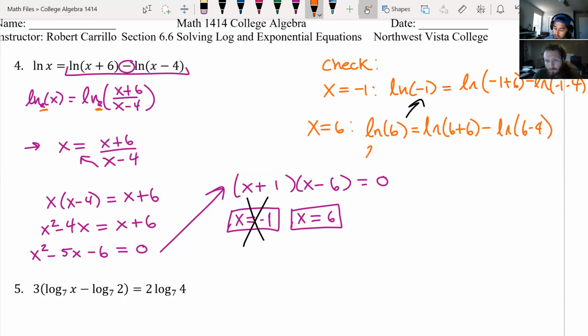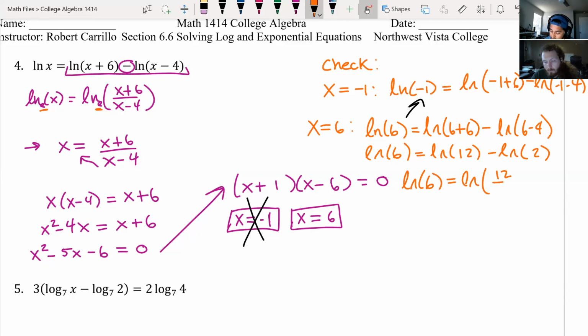And then that would give you the natural log of 6 equal to the natural log of 12 minus the natural log of 2. And then by log properties, I guess I could have plugged it into that one. Either way, you get the natural log of 6 equals the natural log of 12 over 2, and those would check out.